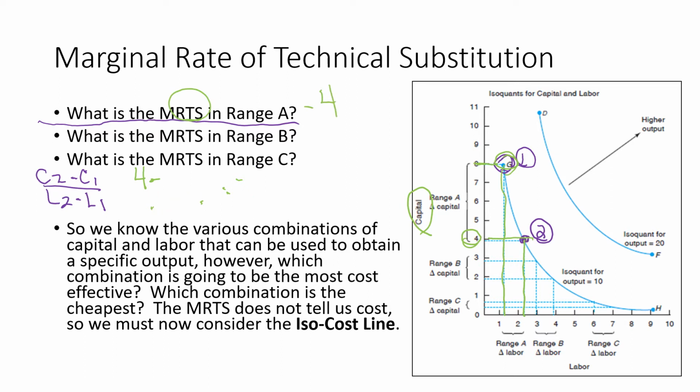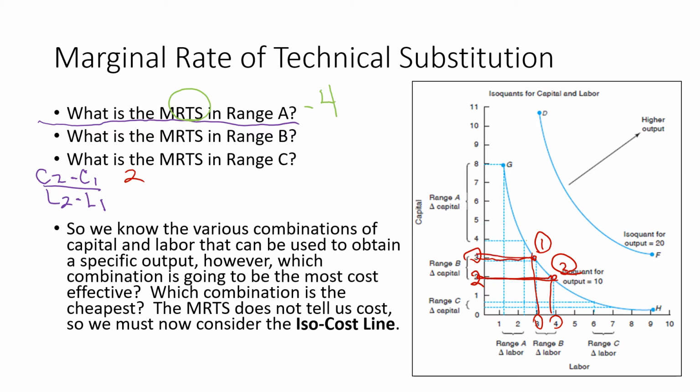Now if we calculate for range B, we're going to use that same equation. Let me erase some of this. We're going from 3 to 2, and then 3 to 4 here. So we'll label this as number 1 and this is number 2. Capital at point 2 is 2.